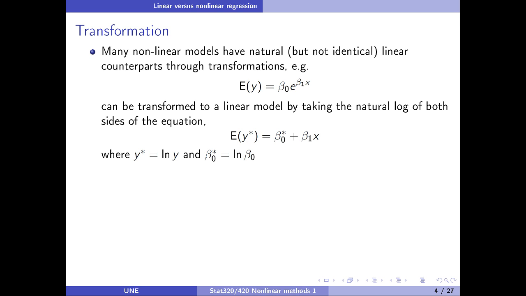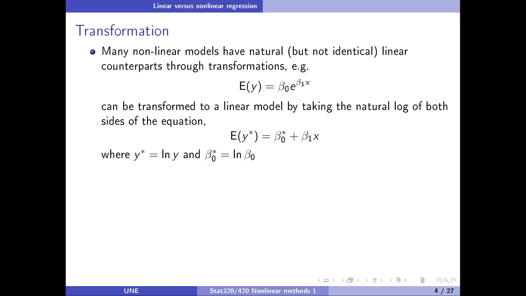We might have a nonlinear model like e to the y equals beta naught e to the beta 1 x1. So we've got beta 1 in the exponent, so this is a nonlinear model. If we were to take the log of both sides, then we could say y star, where y star is just the natural log of y, so we've done a transformation of y, equals the natural log of beta naught e to the beta 1 x.